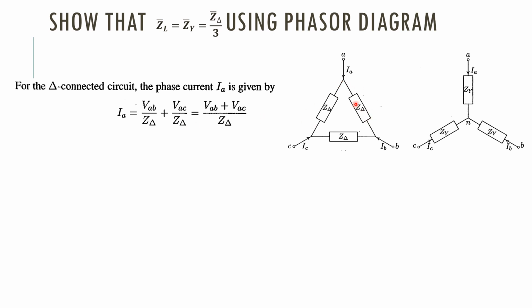If you consider this arm, AB arm, and if you consider AC arm, that is equal to VAC over Z delta. So you can write VAB plus VAC over Z delta.